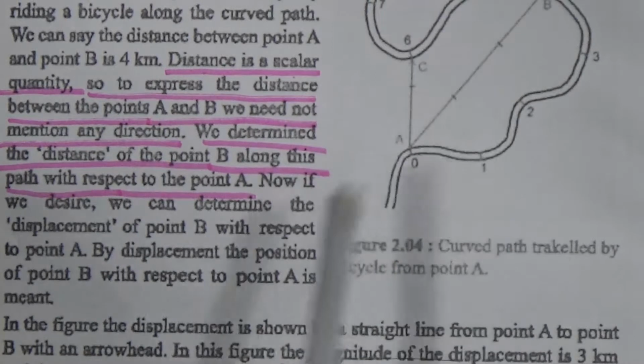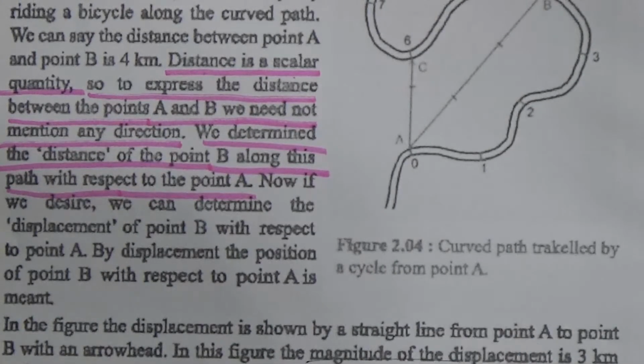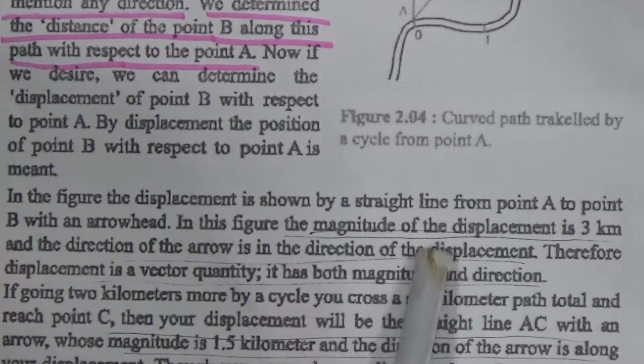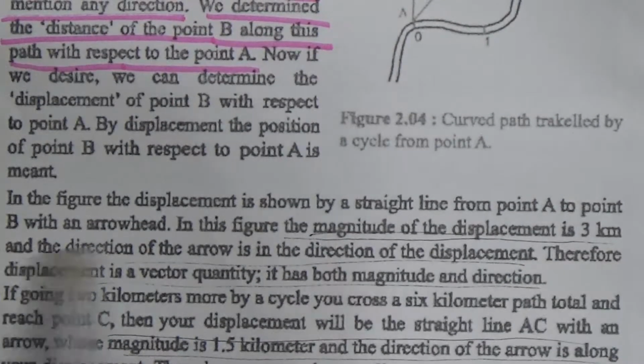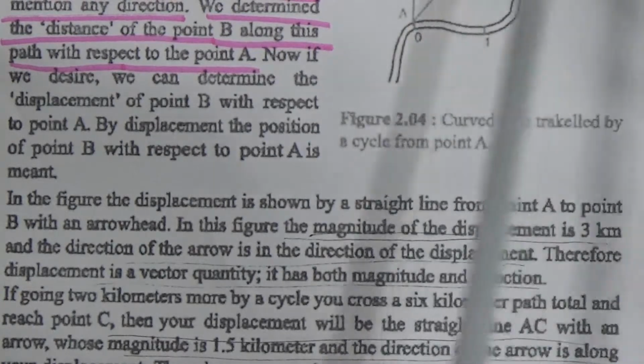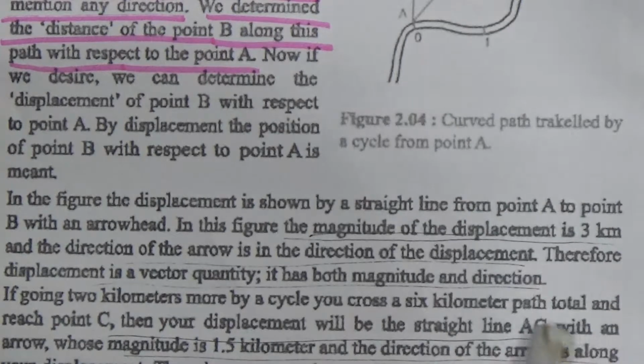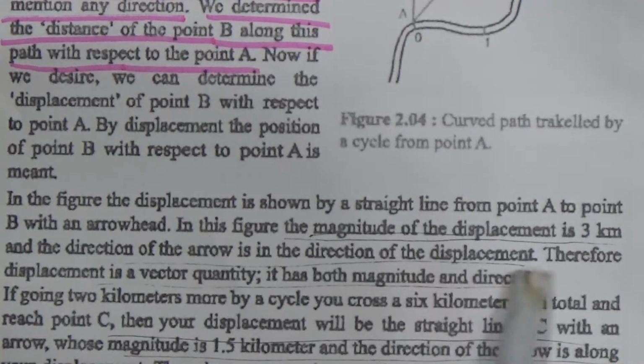In this figure, the displacement is shown by a straight line from point A to point B with an arrowhead, okay. And in this figure, the magnitude of the displacement is 3 kilometer. The magnitude of displacement is 3 kilometer, and the direction of the arrow is the direction of the displacement.